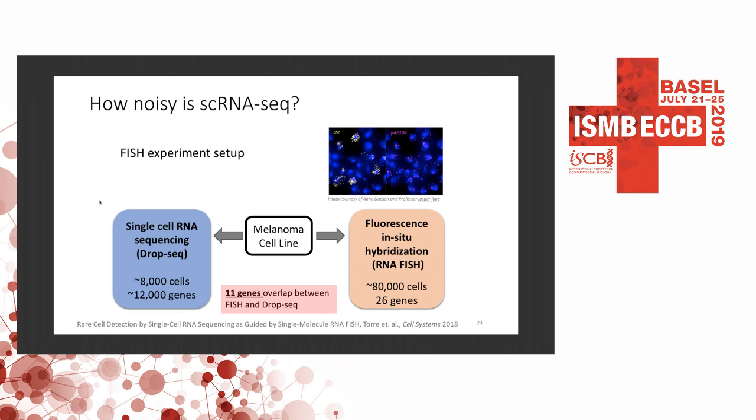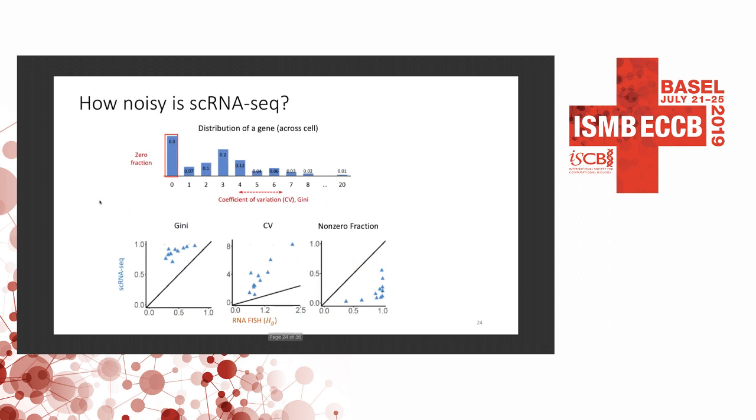So the distribution of their measurements in the population should be similar across the two technologies if both were perfect. I think they're saying that RNA FISH is much more accurate than Drop-seq, so we're using it as a gold standard to see how noisy Drop-seq data is.